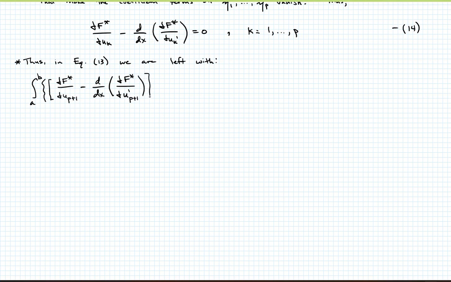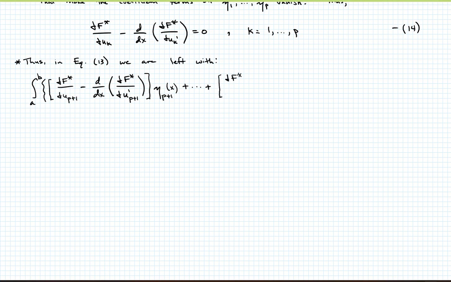Close brackets. That's multiplied times the eta, the p plus 1 eta of x. Remember, this is now arbitrary. It's not dependent because we removed all the dependent ones. And then we'll add that all the way up to the nth term.